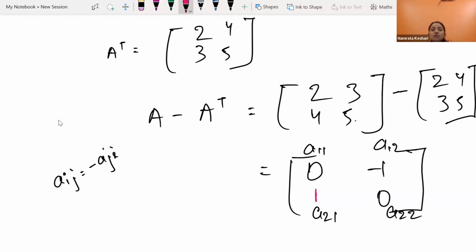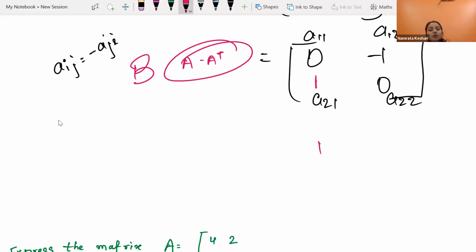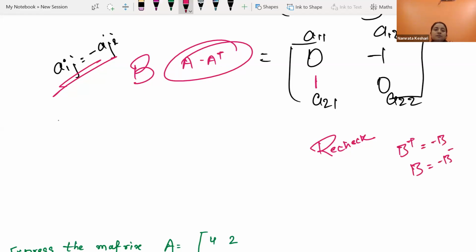This is the result A minus A transpose, but suppose you give it the name B matrix. We just want to recheck whether it is skew symmetric or not. The basic way to check is that B transpose must be equal to minus B, or B must be equal to minus of B transpose, right? Yes.